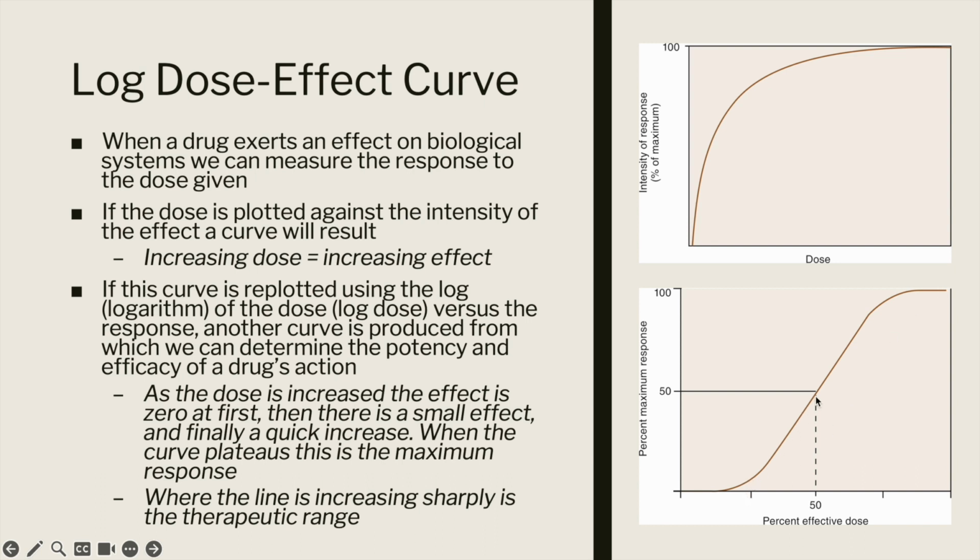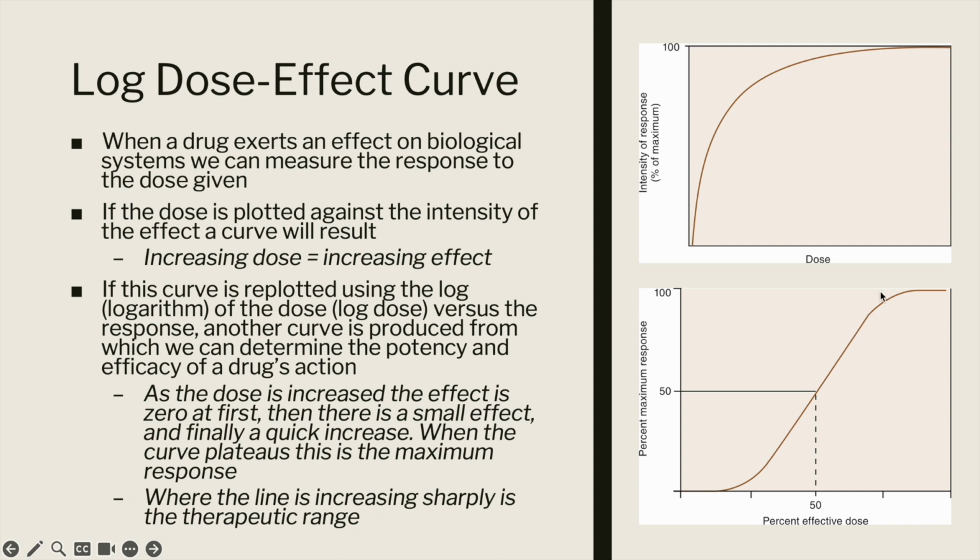When you look at this diagonal line here, in the middle of that line is what they're calling 50. That's basically the midline of the effective dose. This line of where we have a response happening before it plateaus, this area here is going to be our therapeutic dose. So it's going to be a range, from about here where we start having a good response to about here before we plateau.